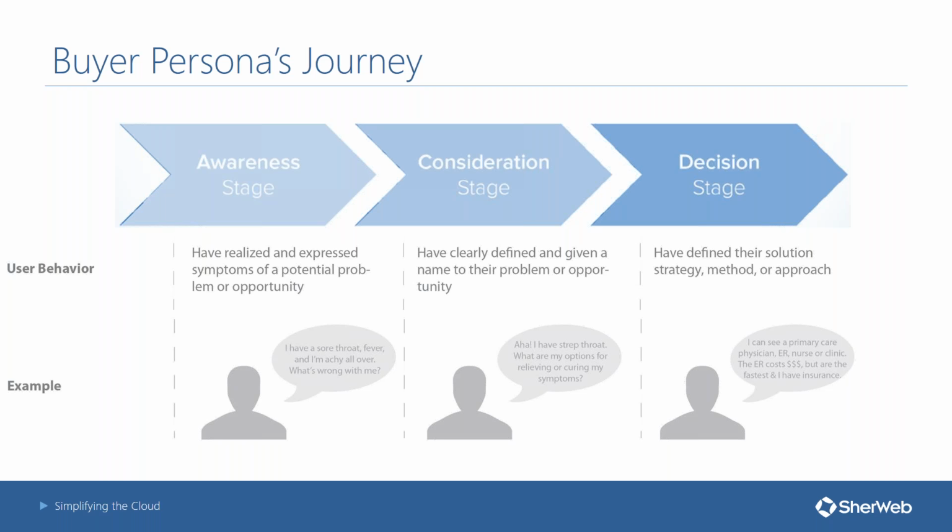There's the awareness stage, consideration stage, and decision stage. It's entirely possible that you meet prospect A while he's in the consideration stage. So it is a funnel, but people can come in through any branches of the buyer's journey.